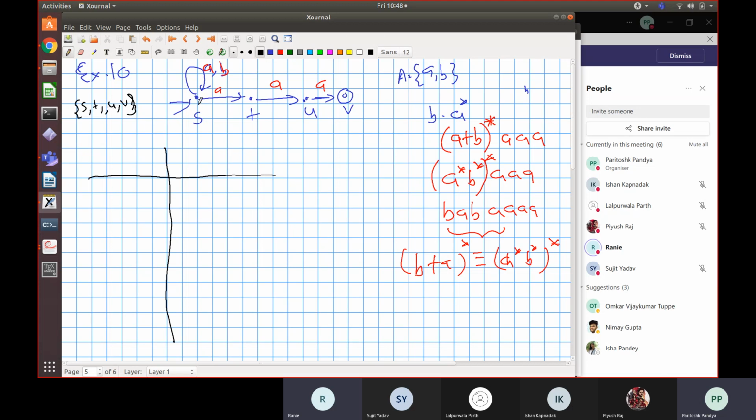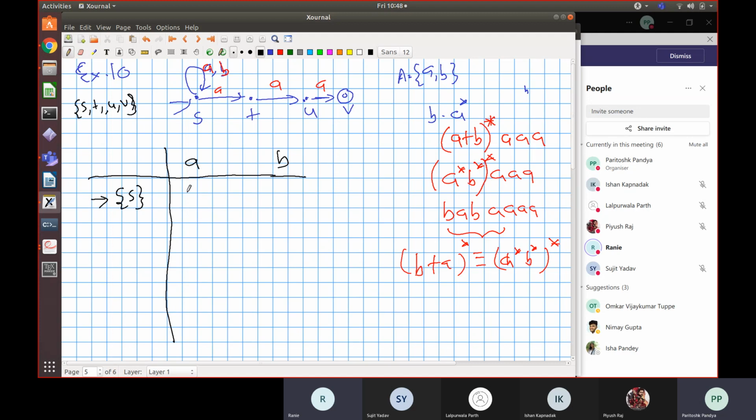So what is the set of start states of this NFA? S. So my start set in the DFA is just the set containing the singleton S. This is the start state of my DFA. Now, both on letter A and B, I must tell where I will go. So this set of states S on A will go where?